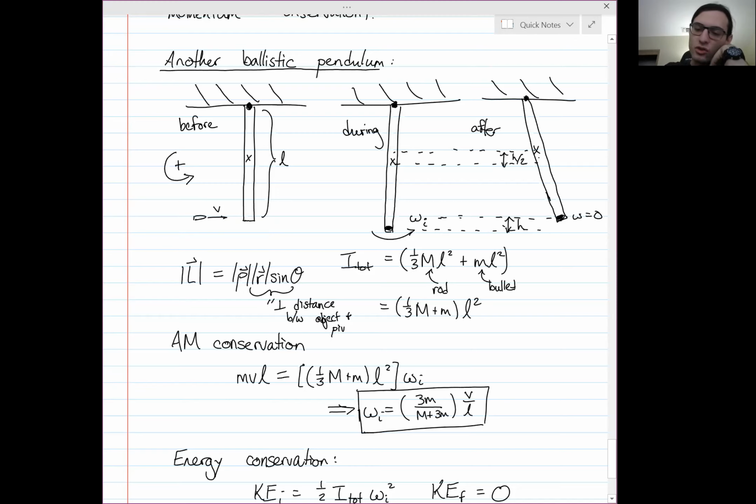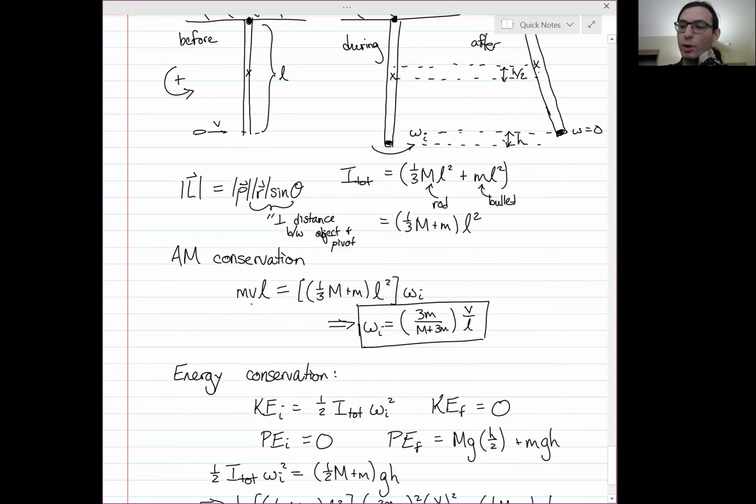So the idea is you draw a line extending your object's velocity and find the smallest distance between the 2 points. That is the perpendicular distance. All I did was simplify this expression using that fact, and I plugged in p, which is mv, and then the perpendicular L.